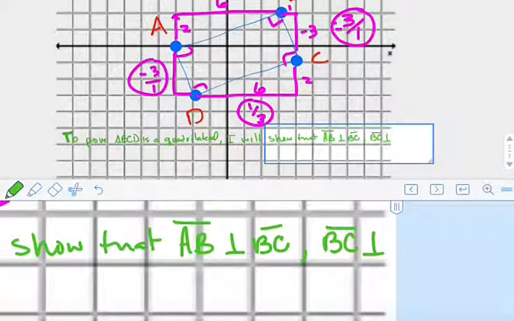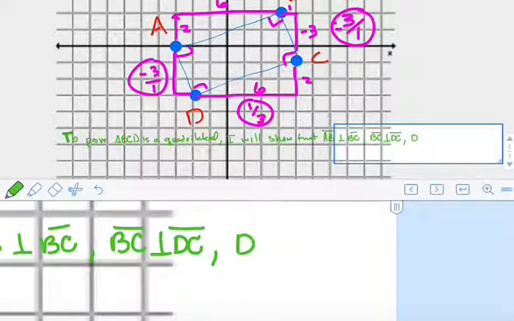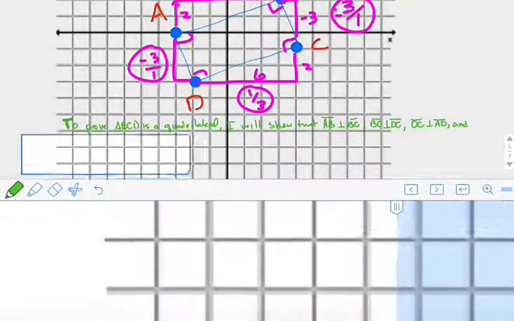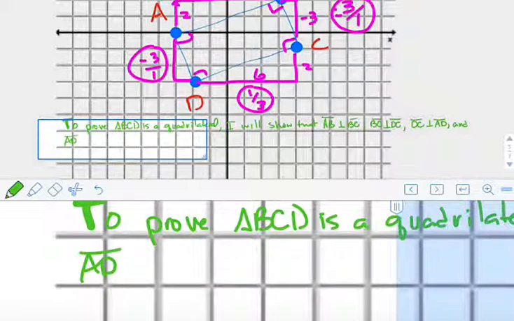BC is perpendicular to DC. DC is perpendicular to AD. And AD is perpendicular to AB.